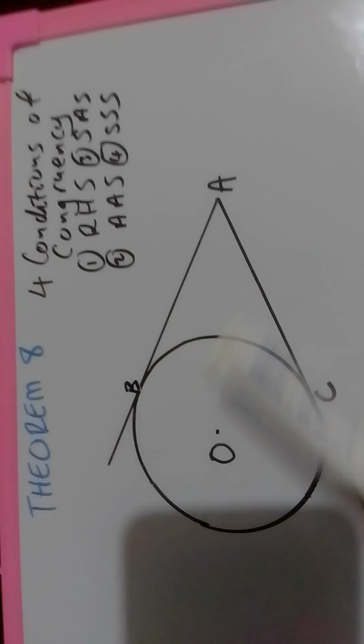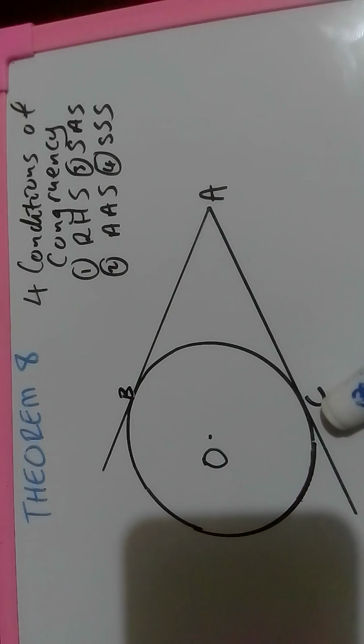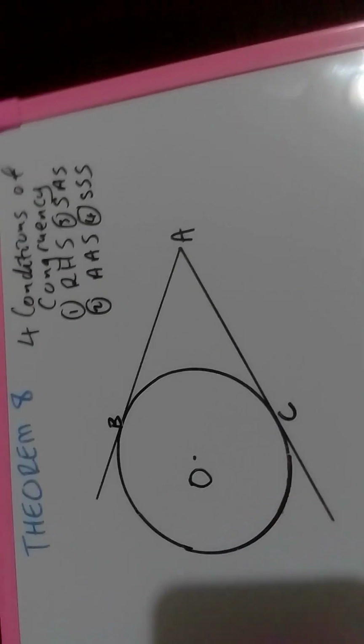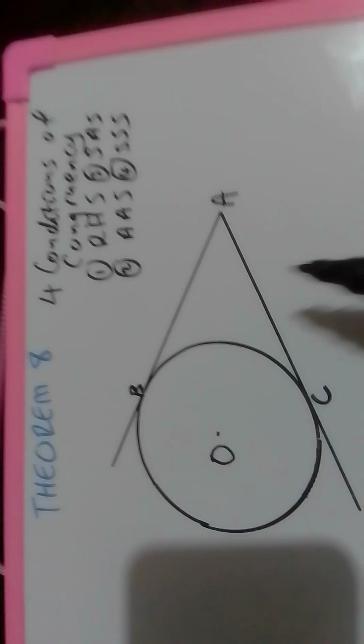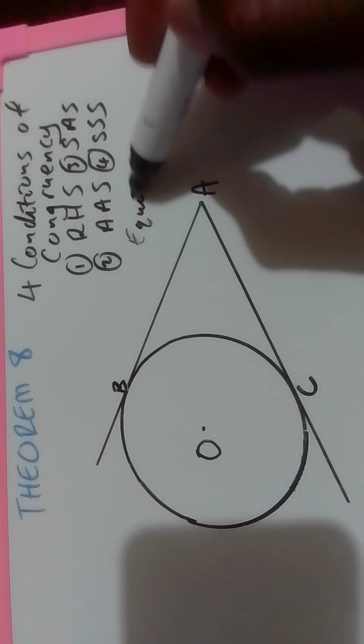Now, what happens? The distance between point A and B and the distance between point A and C is equal. Let me repeat, the distance is equal. And when the distance of these tangents is equal, that is what we call equidistance.